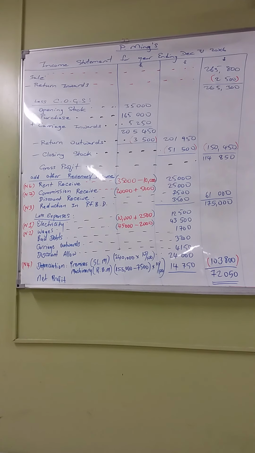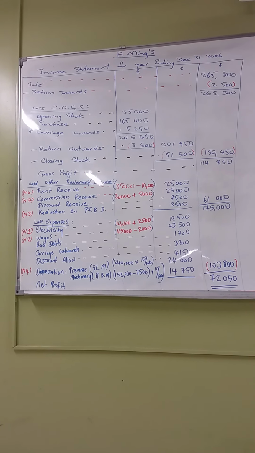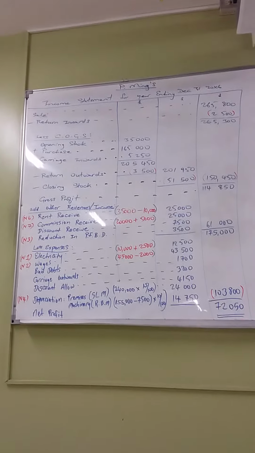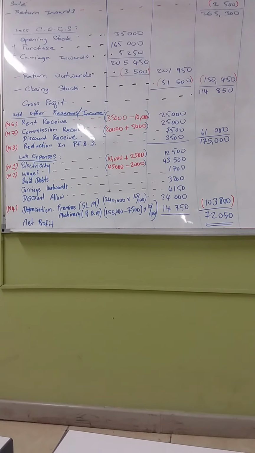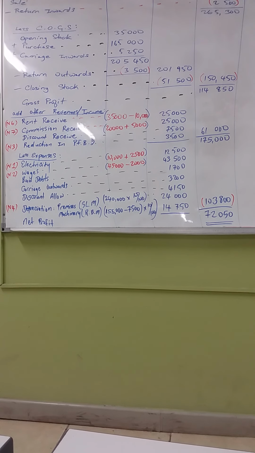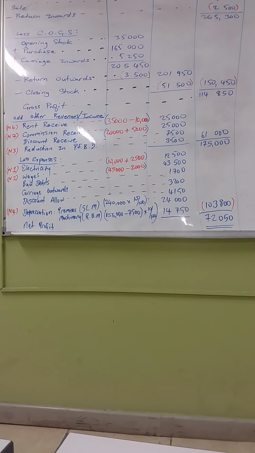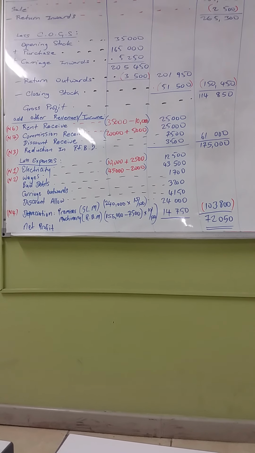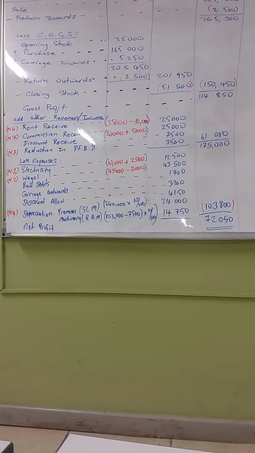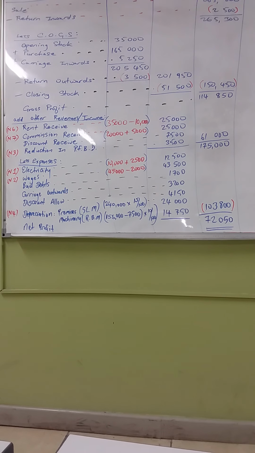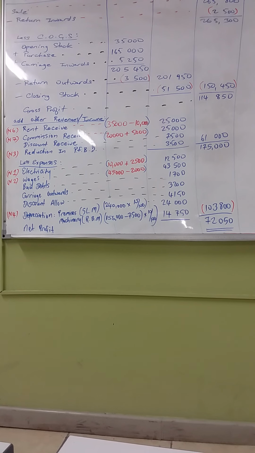Your purchases is 165,000. Next we add our carriage inwards of 5,250. When you add all three figures together, you get 205,450.